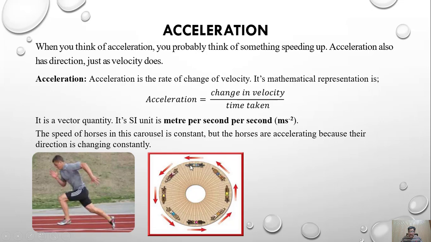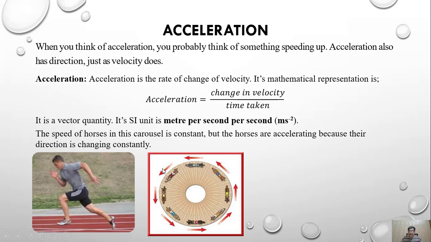If you see, this horse has this direction, and this direction is towards west. When this horse comes somewhere here, the direction will not be west, it will be between west and south. Similarly, if this horse comes somewhere here, the direction will now be south.